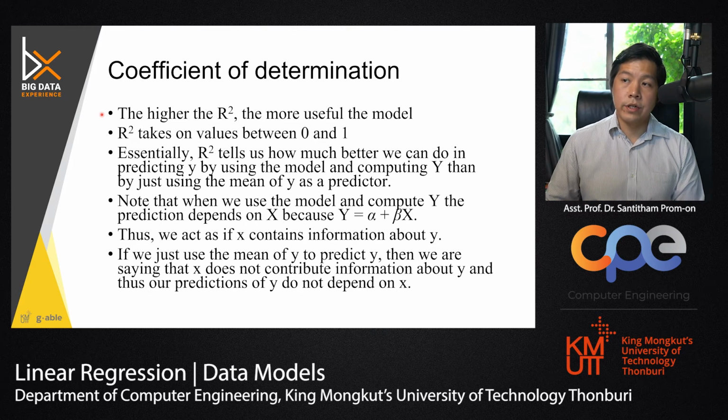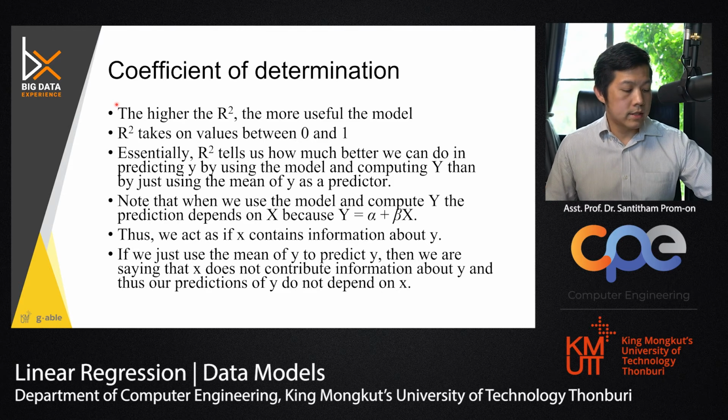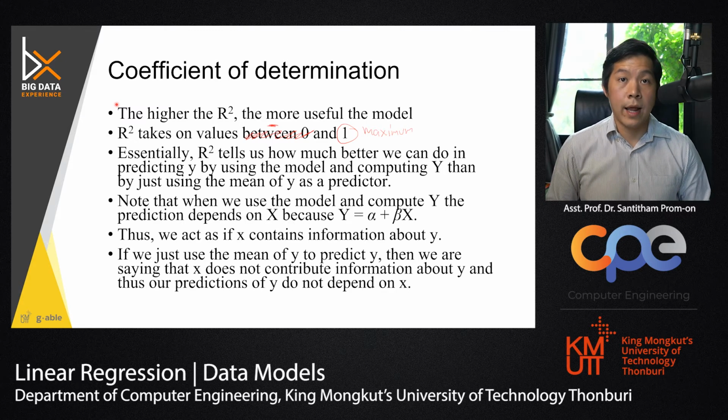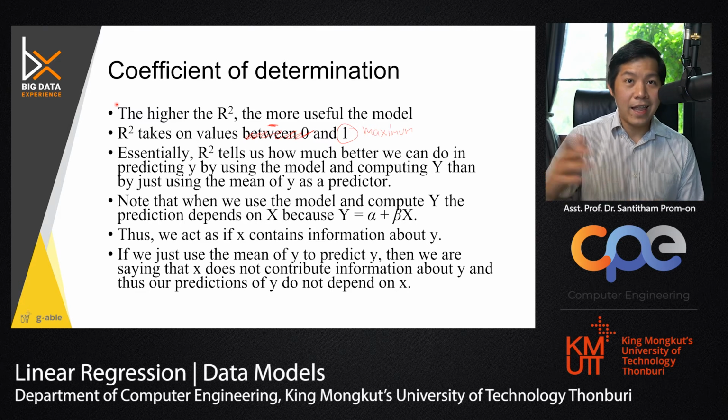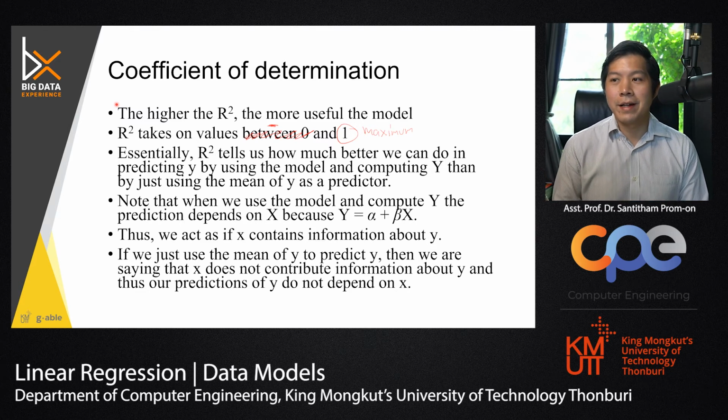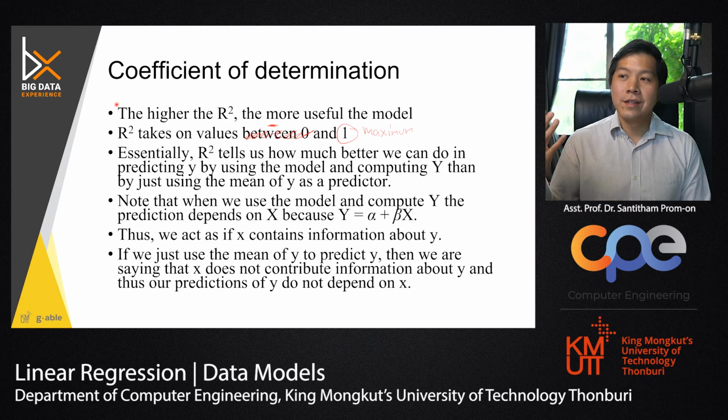The value actually doesn't only take values between 0 and 1. 1 is the maximum, but the value can also be in the negative range if the model is entirely wrong. But that would be weird, because you are using least squares to fit the model, which obtains the baseline for you.